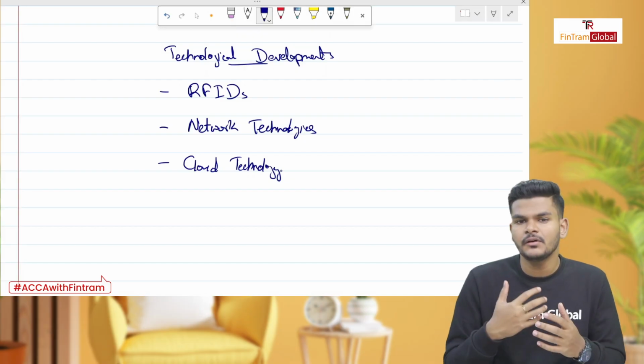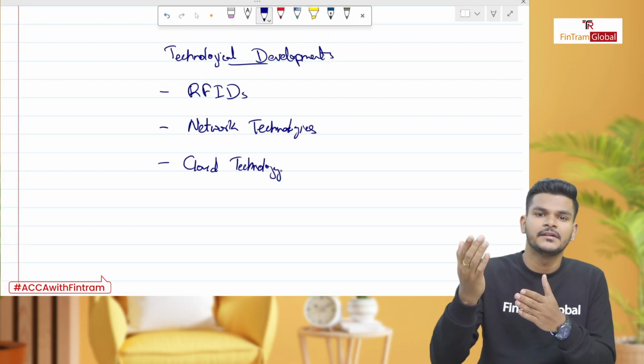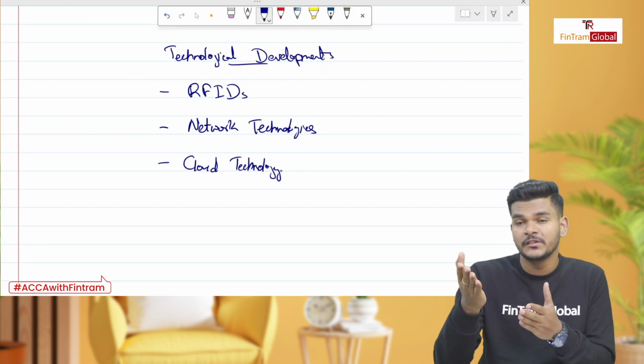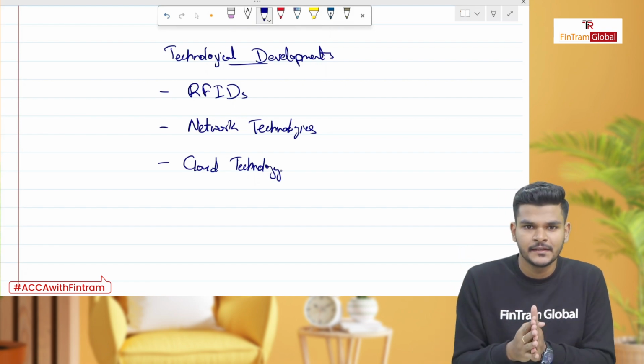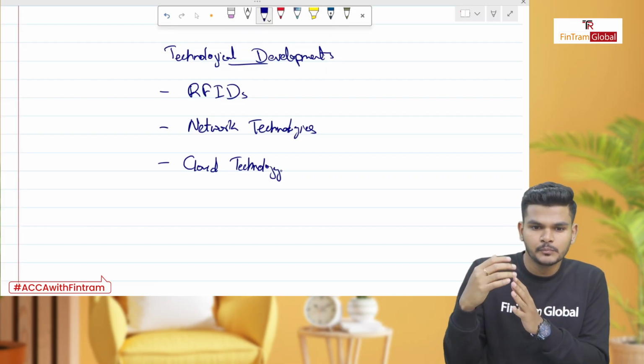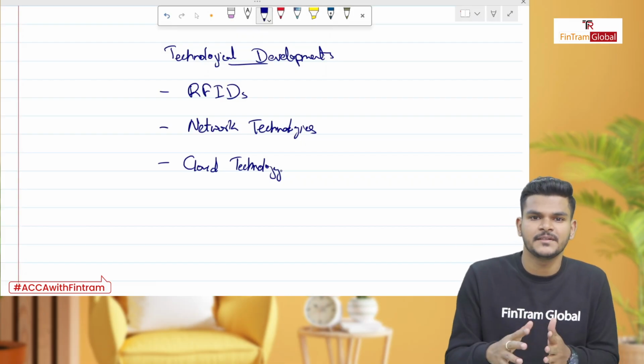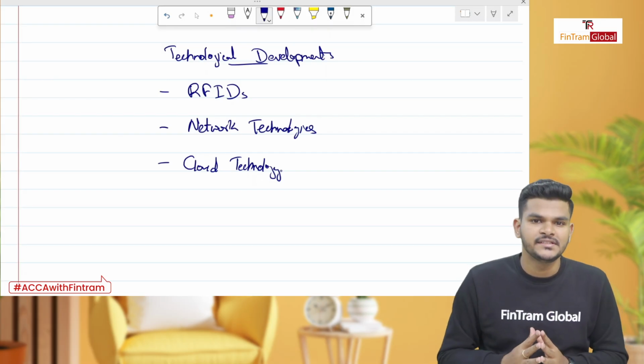You can store all of your data within a virtual space that is outside our storage system, outside our mobile devices, computer systems, laptops, etc. That's what cloud technology is all about.